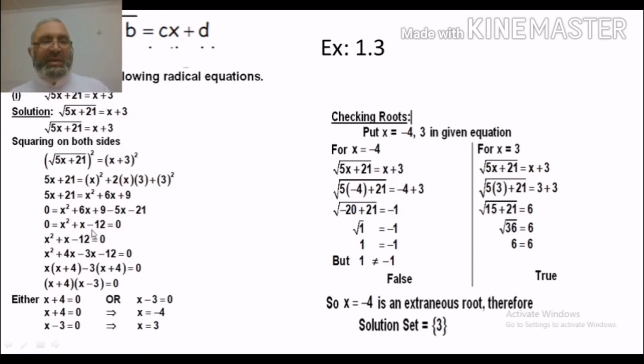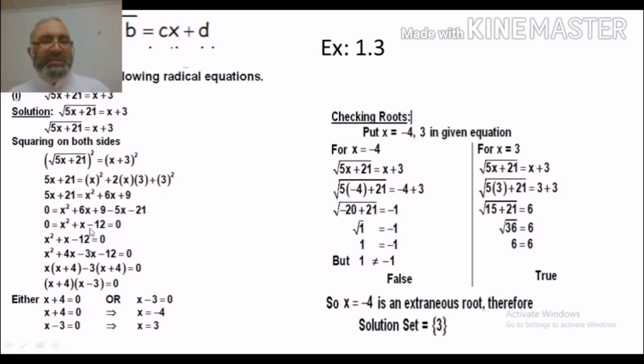So 0 is equal to this equation, or x square plus x minus 12 equal to 0, which is the standard form of a quadratic equation.